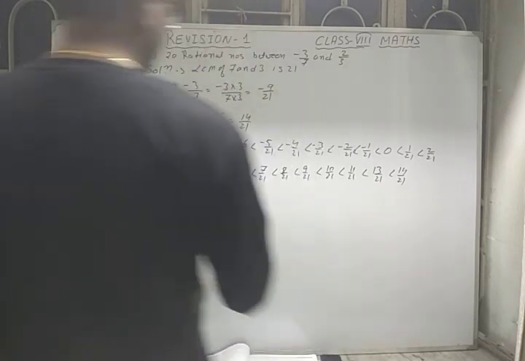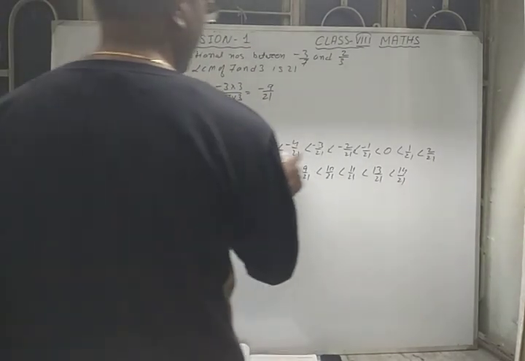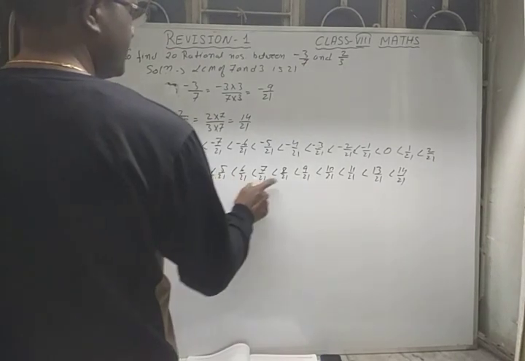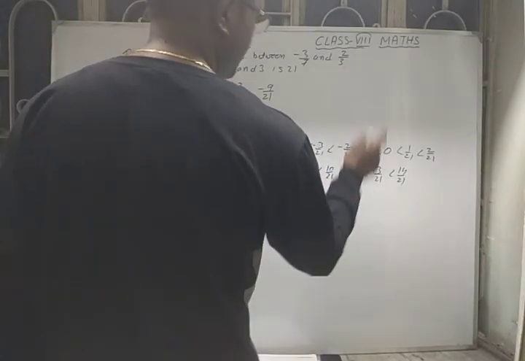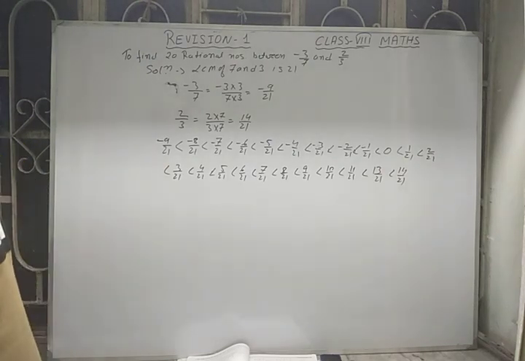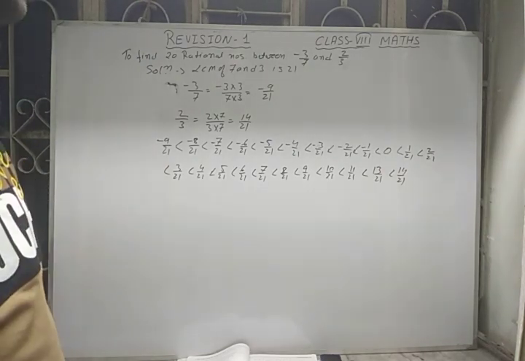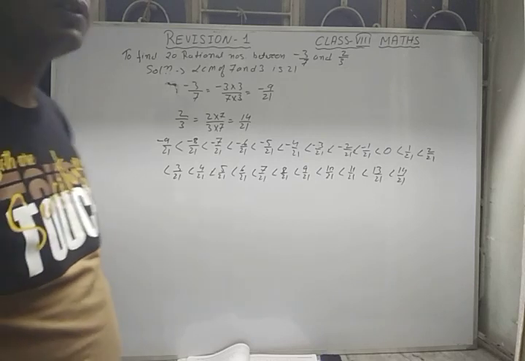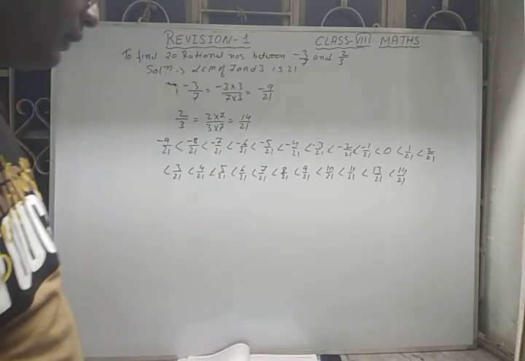So see how many numbers we have got: 1, 2, 3, 4, 5, 6, 7, 8, 9, 10, 11, 12, 13, 14, 15, 16, 17, 18, 19, 20, 21. We have got 21. We need only 20. So we have got 20 rational numbers between minus 3 by 7 and 2 by 3, by making the fractions into like fractions. Okay, this is one method.